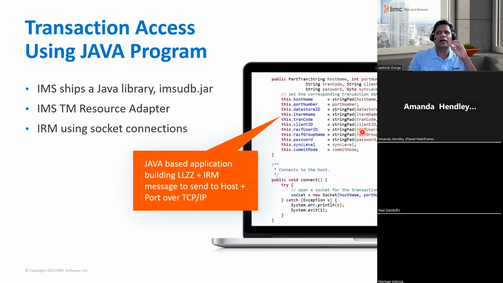It will send the information to the IMS Connect socket, which will be continuously reading the information received on that socket, and will send it to the exits. And from there, it will go to OTMA.